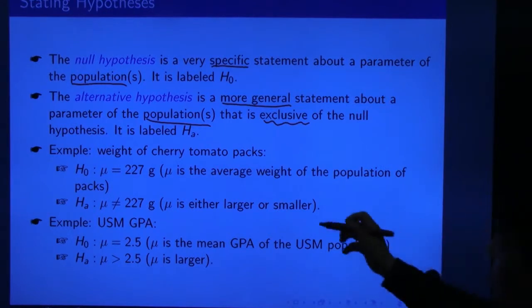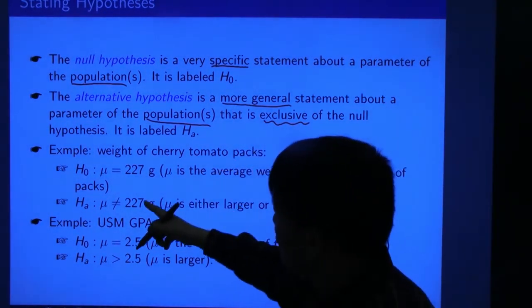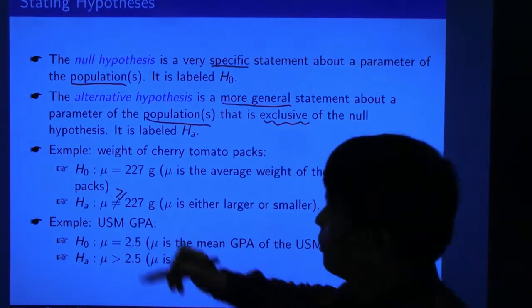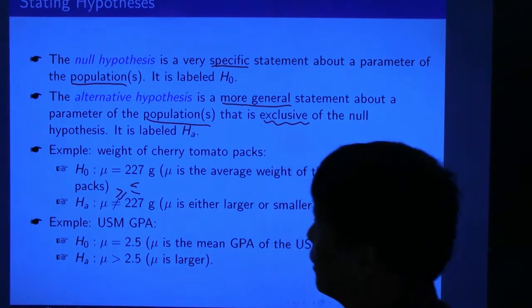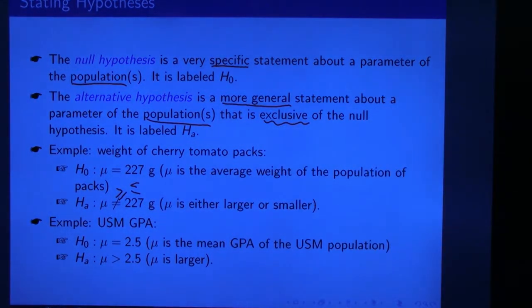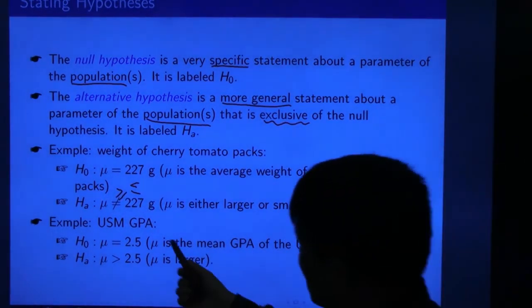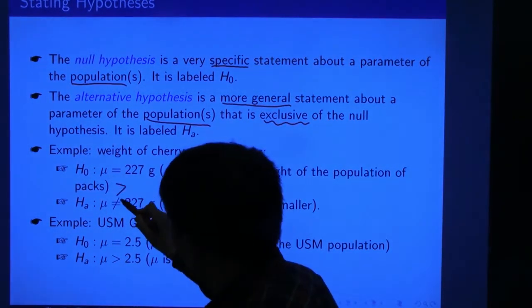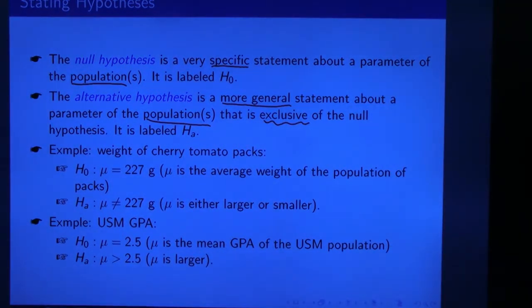But it is exclusive and does not include this. You cannot say greater than or equal to 227, or less than or equal to 227. We cannot include the null hypothesis value, 227. So we can use greater, less, or not equal, but it cannot be equal.